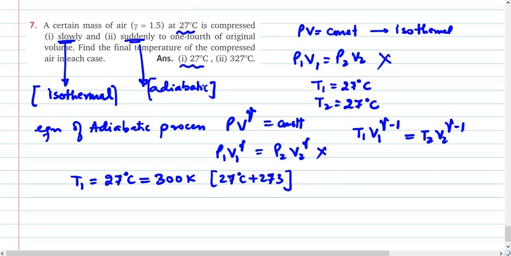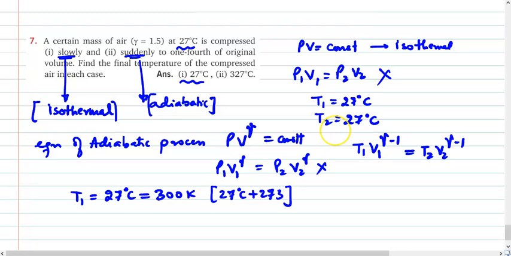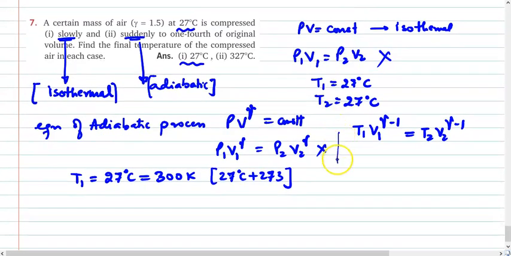Here the temperature must be taken in Kelvin, that is the absolute scale. That is one of the common mistakes you can commit, thinking that temperature must be taken in degree Celsius scale. Don't do that. Convert the temperature to the Kelvin scale. So here temperature becomes 300.